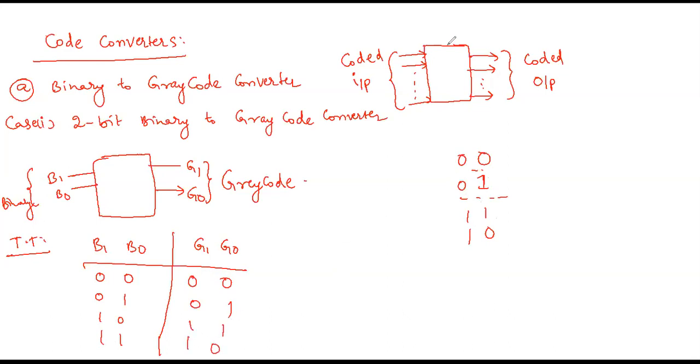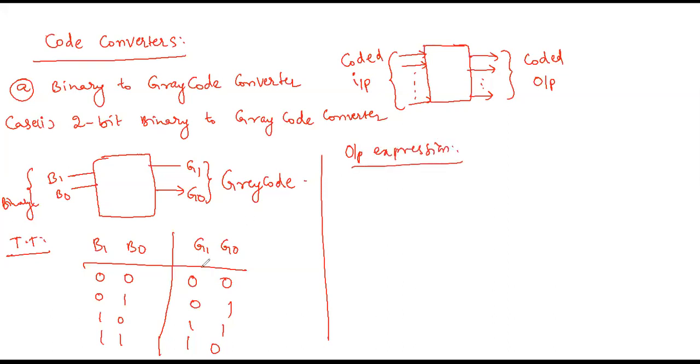Now write the output expressions. G1 is 1 when the input is 3 and 2.